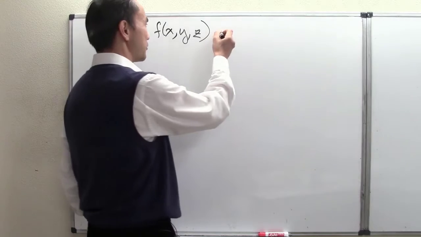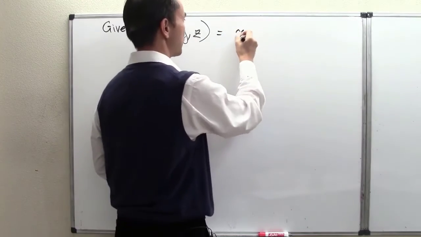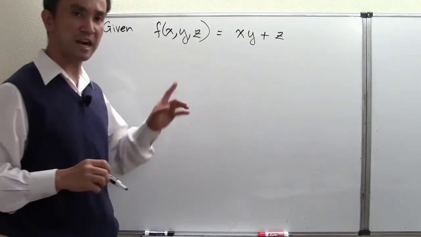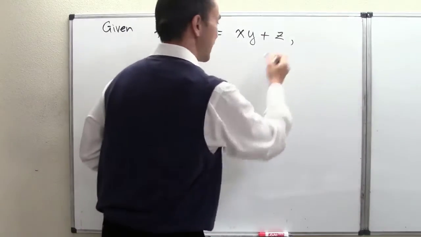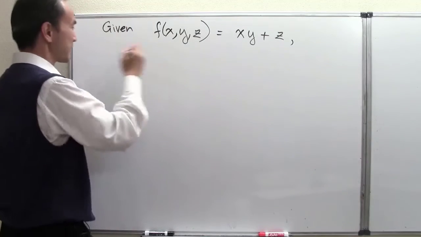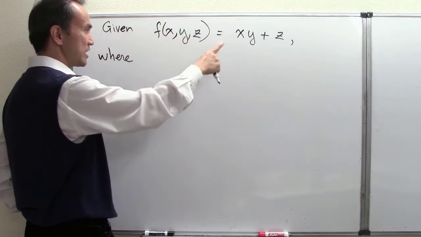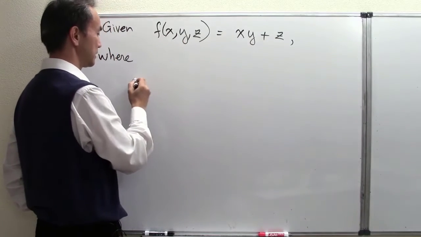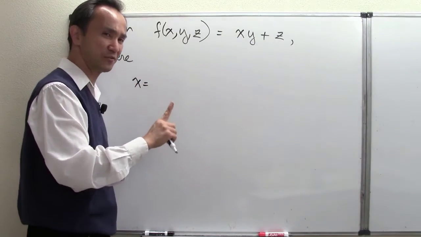So this function f of x, y, z has 3 variables, and let's say the function is x times y plus z. That's our function f of x, y, z. Now I am going to give some additional information. Each of the variables x, y, and z is further defined.